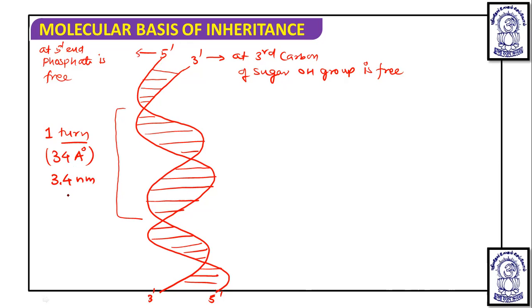And in this one turn of 34 Angstrom, 10 base pairs are present. So if 10 base pairs are present between these two strands, this is the base pair.